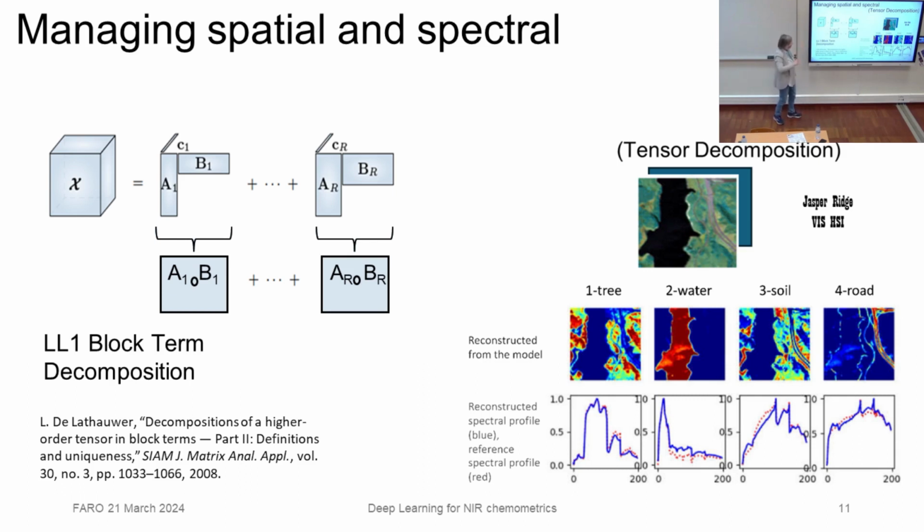It's like a PARAFAC model, for those of you that know PARAFAC or CANDECOMP, CP, as it's also called, but with a constraint that the third mode, which is the spectral mode, has rank 1 in each of the factors in the decomposition, while the spatial mode may have a different rank from one factor to another, or could be the same, it depends, but this can be more than one sub-factor.